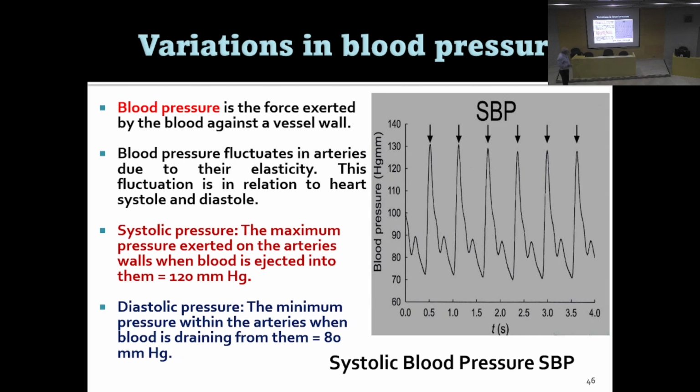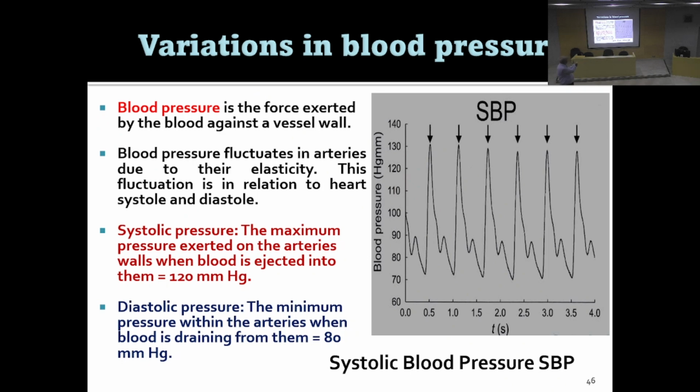Of course, as we say, blood pressure fluctuates. The maximum pressure produced on the artery, we call it what? Systolic. And the minimum pressure on the arteries, we call it what? Diastolic. That's just in words.